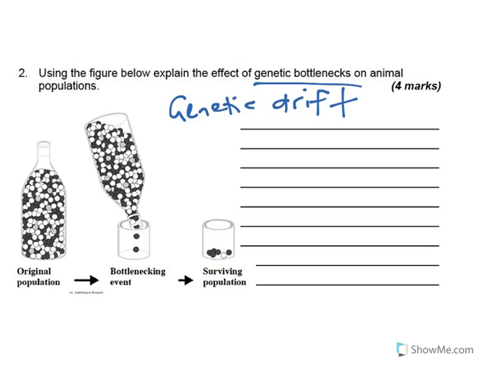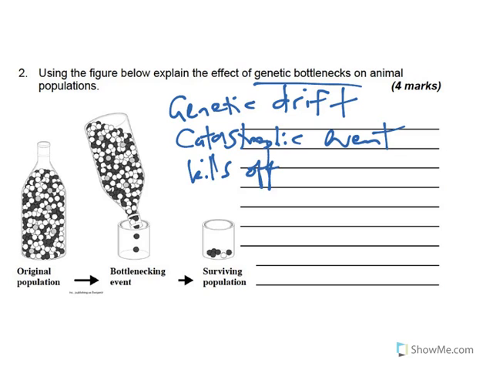And what happens in a bottleneck is when some sort of catastrophic event kills off a large proportion of the population.